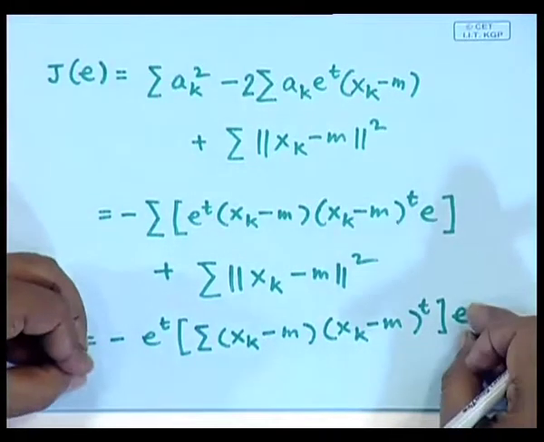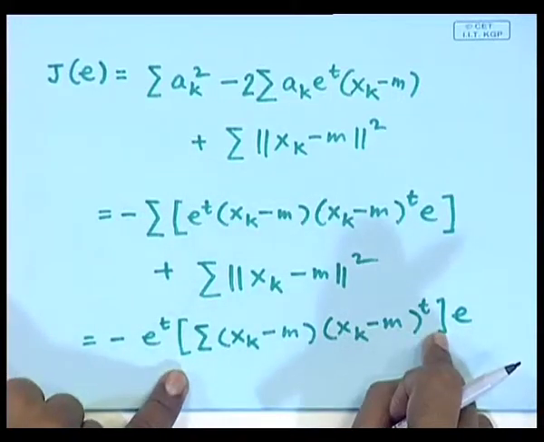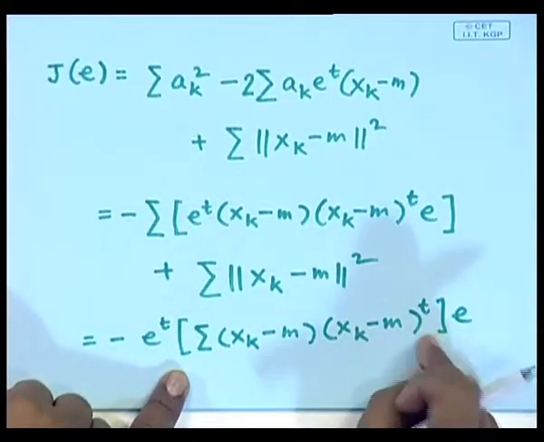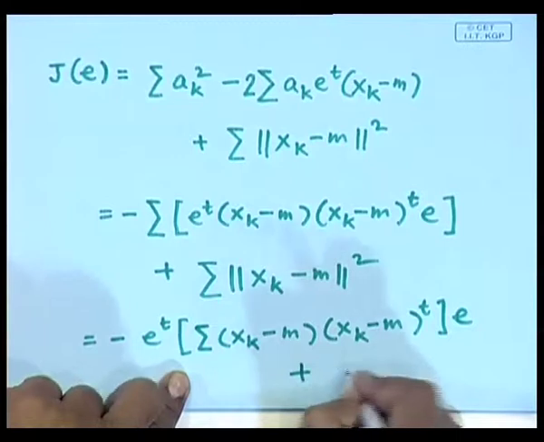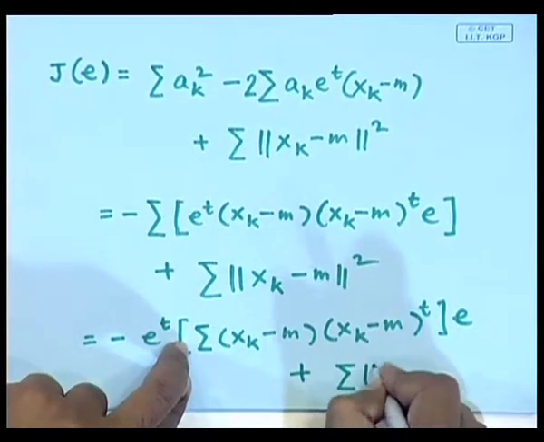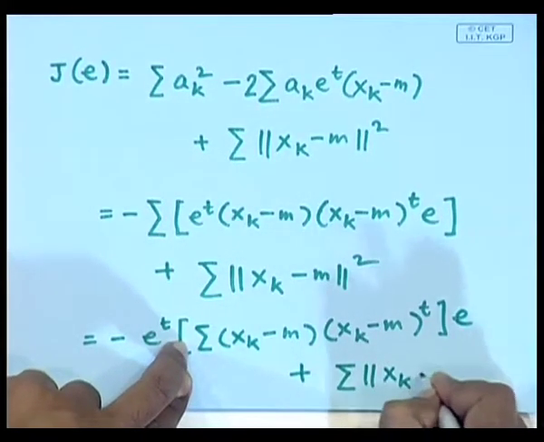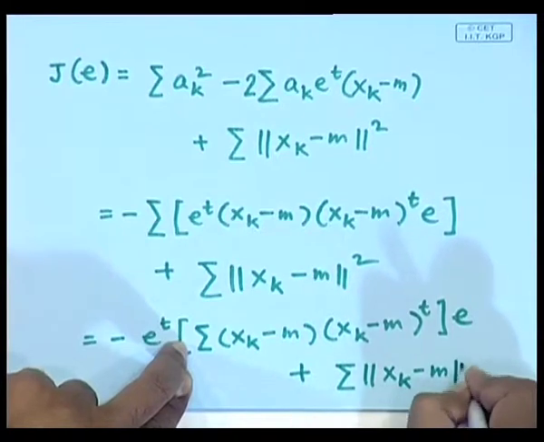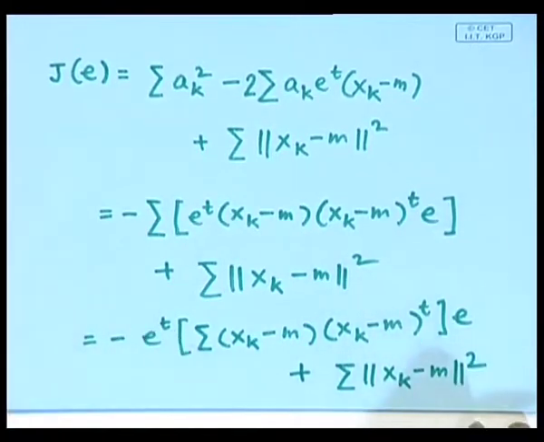So, I can take this E out of the summation expression, because this summation is over k varying from 1 to n, right, plus summation of x k minus m square. So, it remains the same, right.